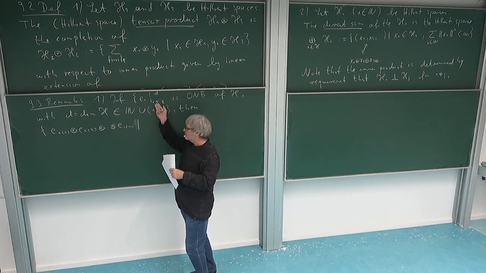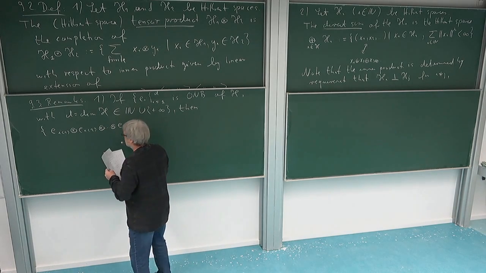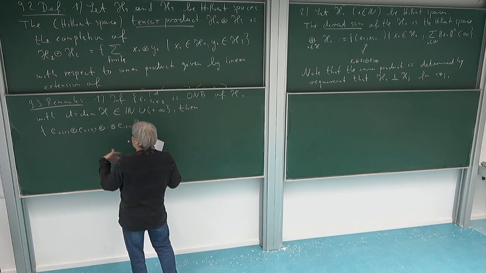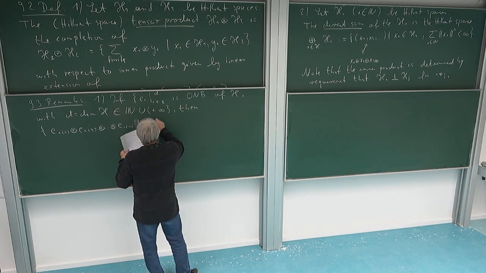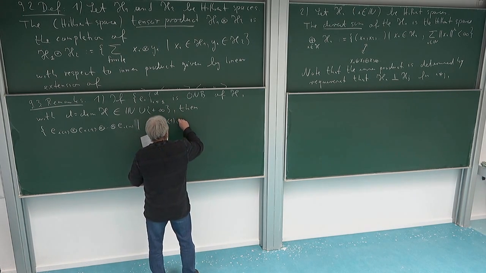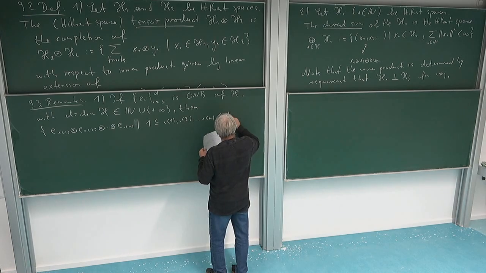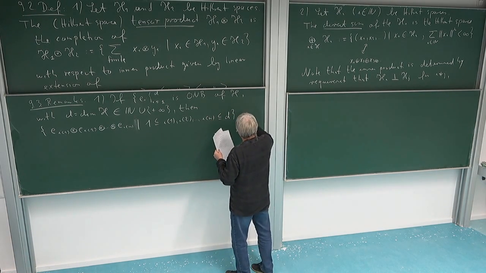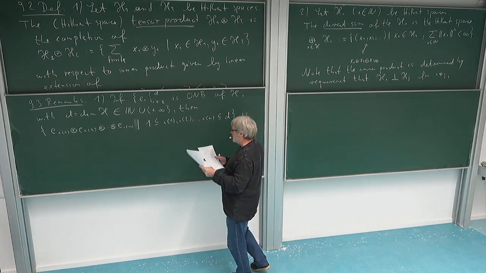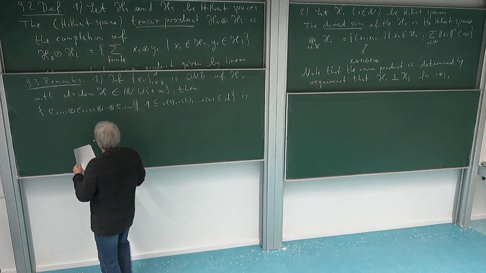So all of them are between 1 and D, but there's no order. Each of them independently can run from 1 up to D. If D is infinity, this just means they are all natural numbers. So I'm claiming that this is actually an orthonormal basis of the nth tensor power of H.